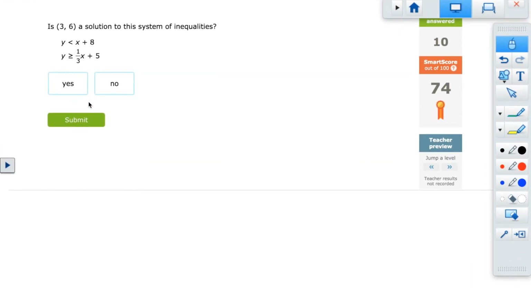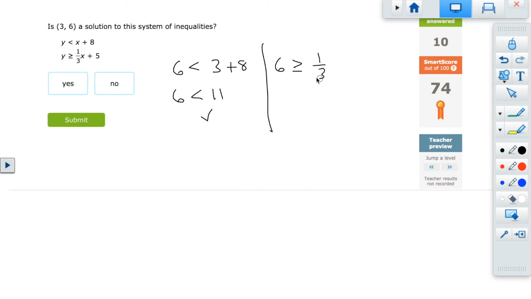Another one where we have a fraction, still going to plug in. So I got y is 6, which is less than x is 3 plus 8. 6 is less than 11. That's true because 6 is less than 11. Next one, still have 6 for the y, greater than or equal to 1/3.